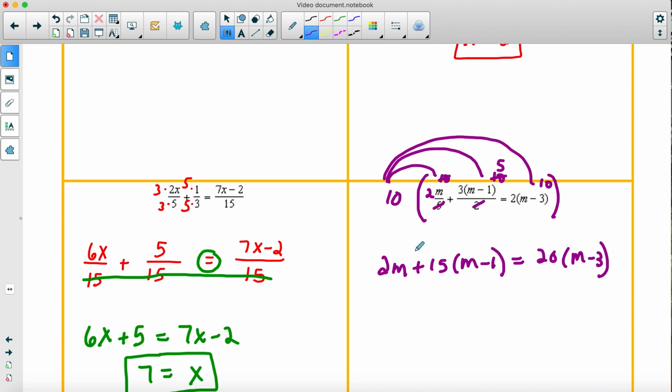If you use the common denominator method, you would end up with this exact same equation. And then you would be able to distribute. Don't forget to distribute over here. Combine my like terms.